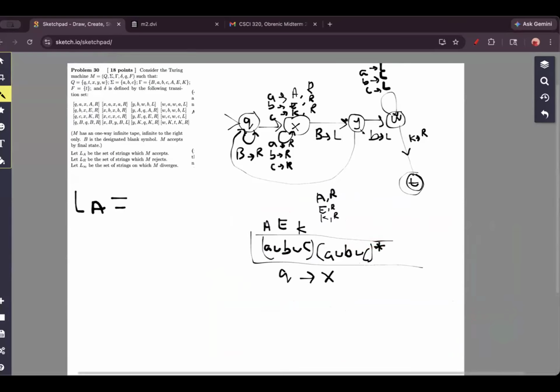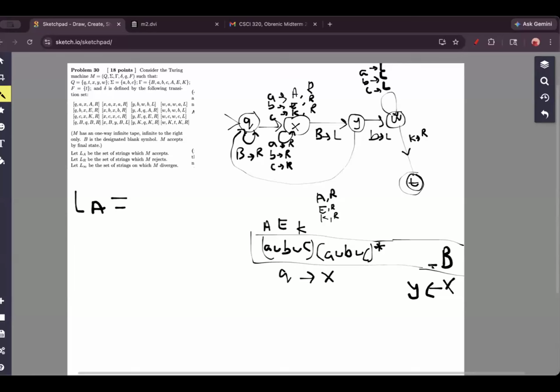And then from X, I go to Y when I hit a blank. After I'm done generating the string, I'm going to hit a blank right here. In state X, I'm still going to be in state X when I see this blank, right? And then I turn left to go to state Y.